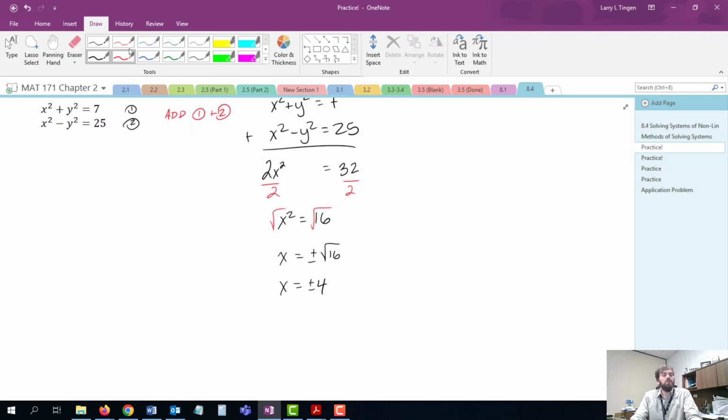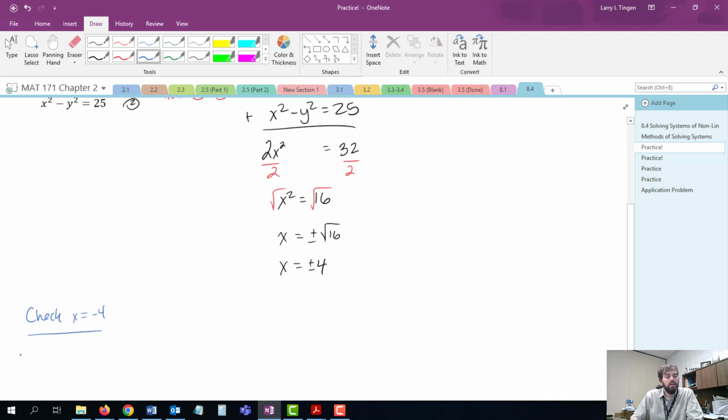Okay, so we got to check them in both equations. I have 2 values to check, and I'm going to do them in each equation. First, x is negative 4. Equation 1 says x squared plus y squared is equal to 7.